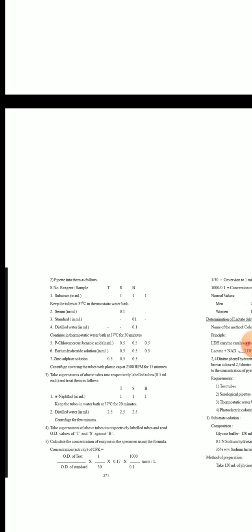Then we will add chloromercuric benzoic acid, barium hydroxide solution and zinc sulfate solution, around 0.5 ml of each, in all 3 tubes. Then we will centrifuge, covering the tubes with a plastic cap, at 2500 rpm for 15 minutes. Take supernatant of the above tubes, 0.5 ml each, into respective labeled tubes and treat as follows.